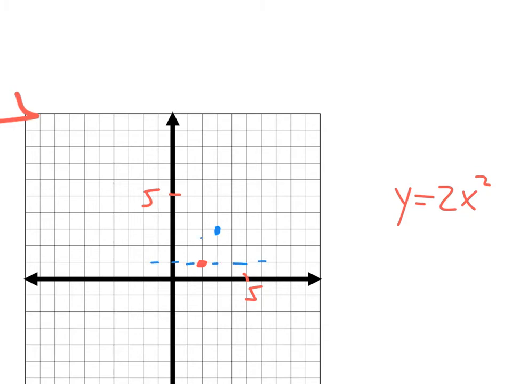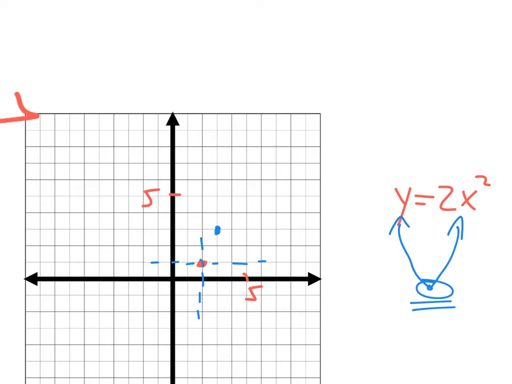Now we're thinking of the vertex here as our origin, okay? So ignore these axes for a moment. Everything's going from the vertex because we know the shape of this looks like a parabola. We know it's steeper. So we're just thinking of everything from this vertex, all right?